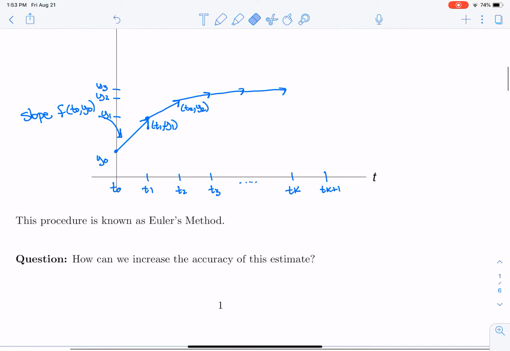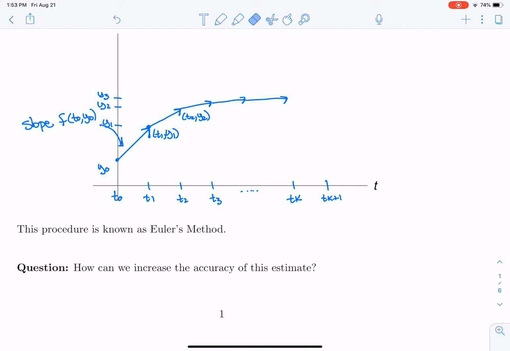So the question that we could ask once we've got this first approximation is, how can we increase the accuracy of this estimate? You can see that what I have are straight line segments that are supposed to approximate a curve. So how can I make that more accurate? I can do that by using smaller time intervals, so smaller delta t's.